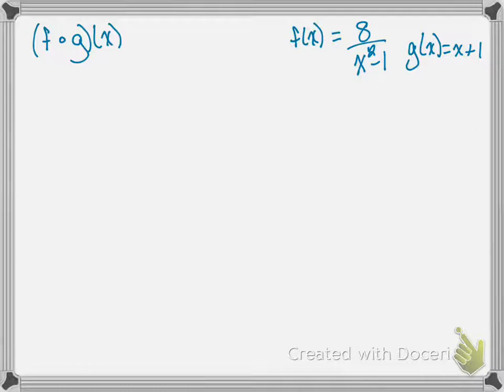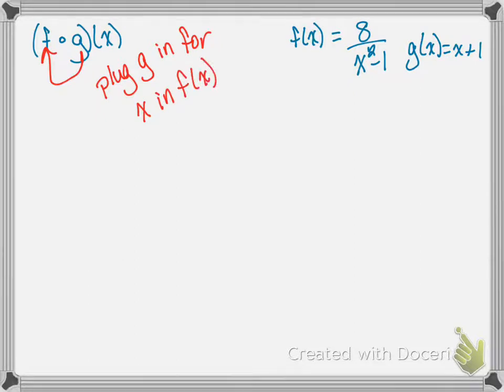F composed of g. You're always going to take the second one and plug it into the first one. We are going to plug g in for x in f of x. So whatever your second one is, you're going to plug that in to the first one.